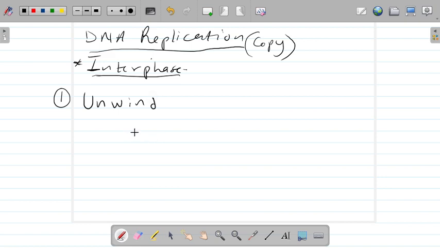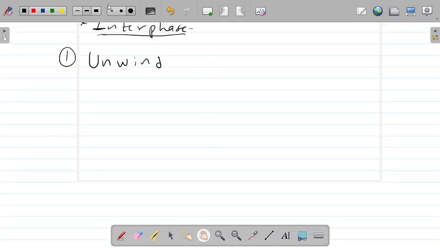So after it unwinds, let's use these strands over here as my original DNA. Let's use 4 of them. Remember, these were bonded.